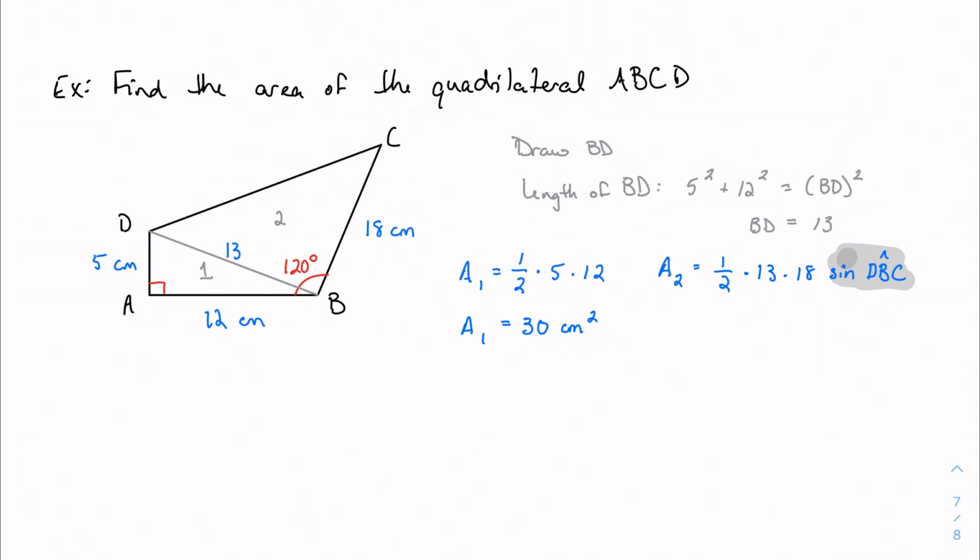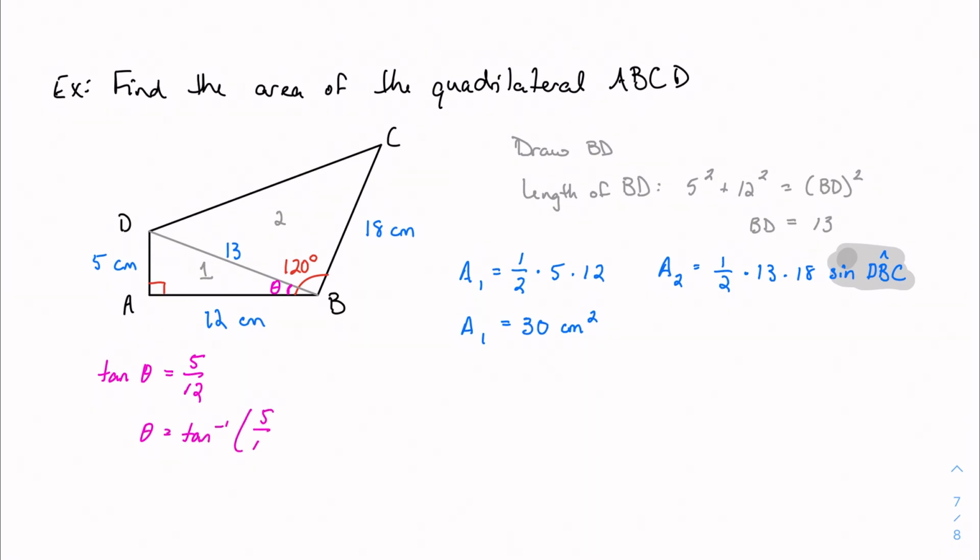If I can figure out a way to get this piece, then that piece plus DBC is 120. And I do have a way, because if I look at my triangle 1, I have an opposite side and an adjacent side, and I can use tangent then to find my angle.